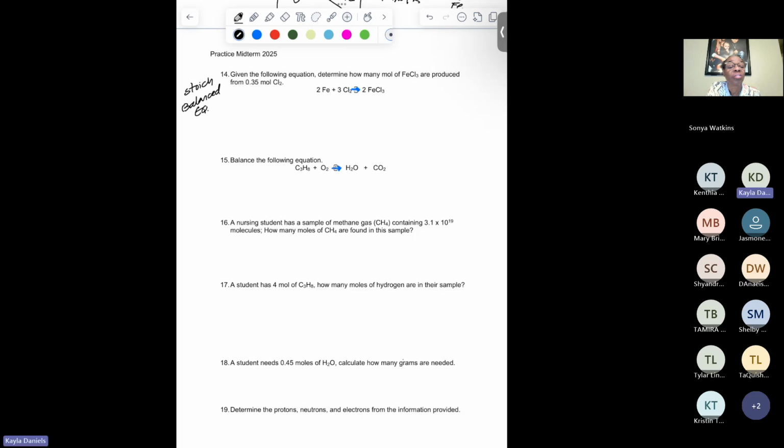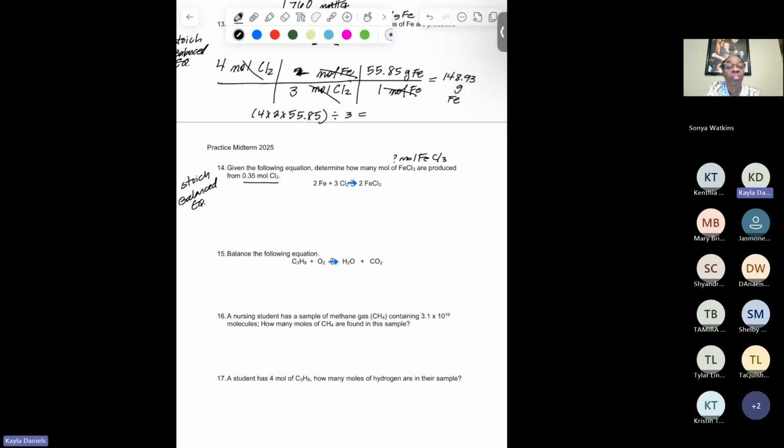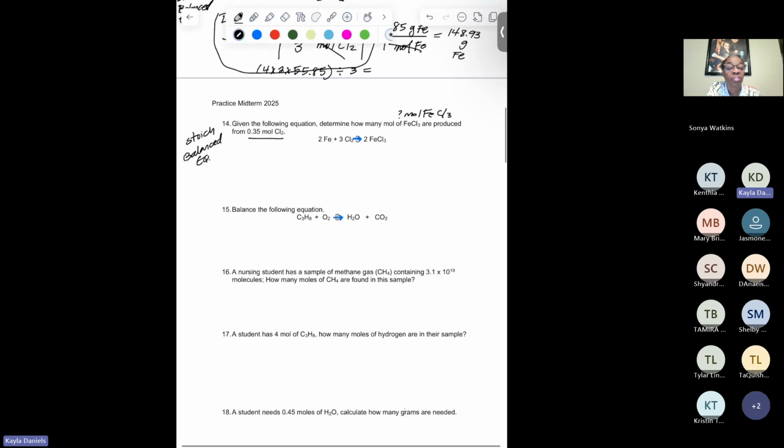Here we want to determine how many moles of FeCl3 are produced, and they give me moles of chlorine again. So this one's just a one-stepper. We're just doing the first step that we did in the last one and stopping there because that's the unit they want.